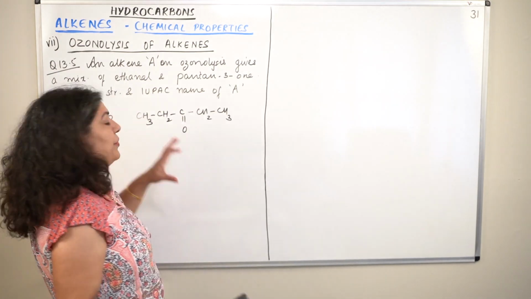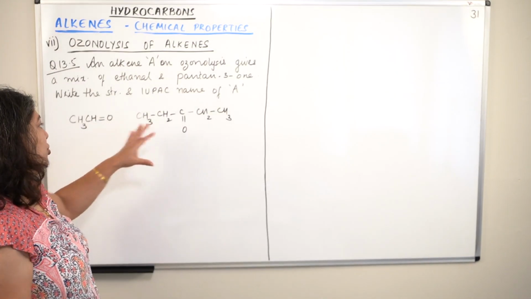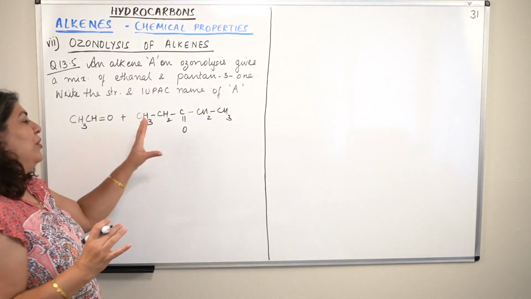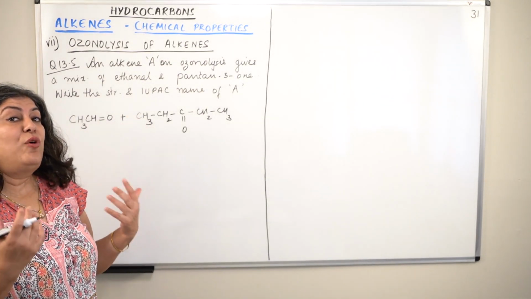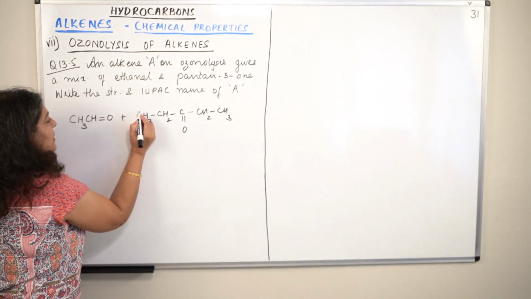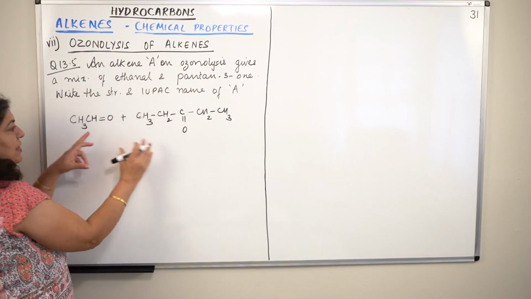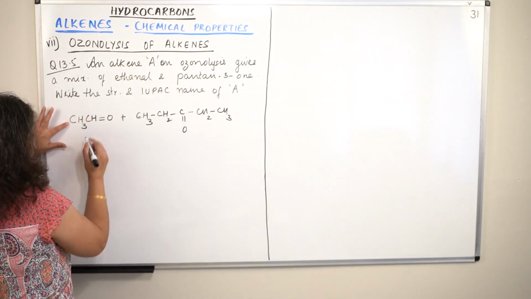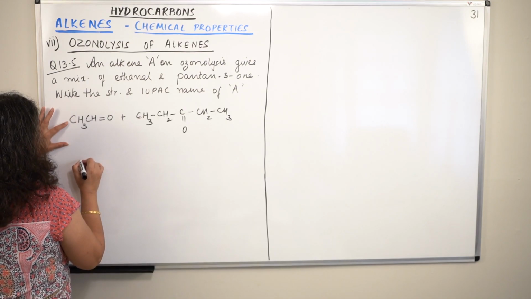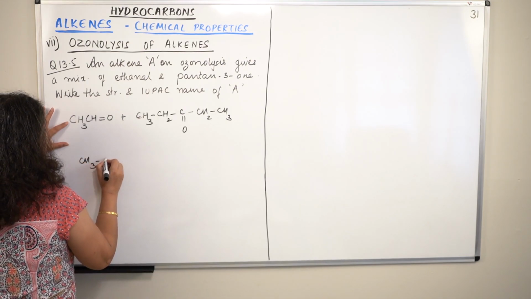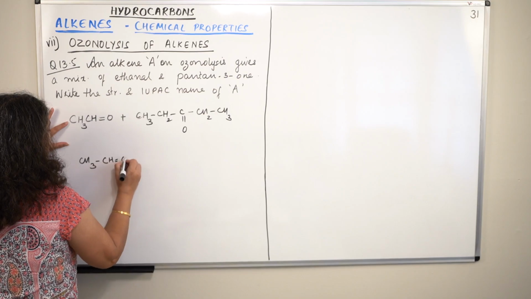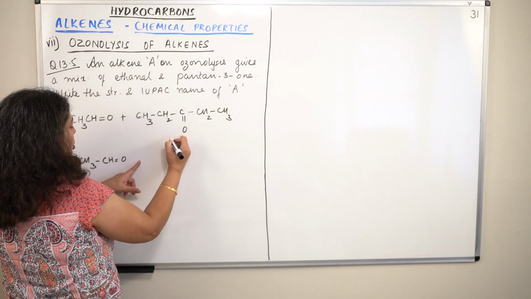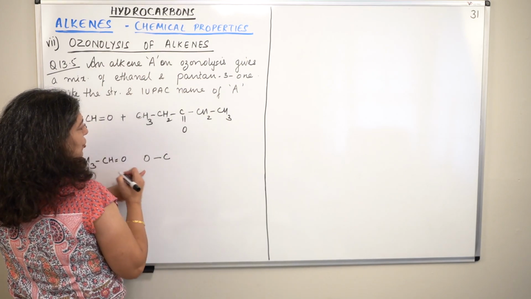Now, these are the 2 products, right? These 2 are formed as a result of ozonolysis. For these, what would be the ozonide from which they have been formed? In order to write down the ozonide, I'll write the structures in such a way that the carbons bearing the oxygen come together. So I write CH3CH double bond O. So this is here. But for this compound, the oxygen should come here and the carbon should come here.